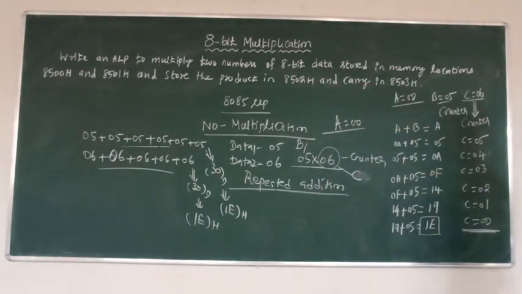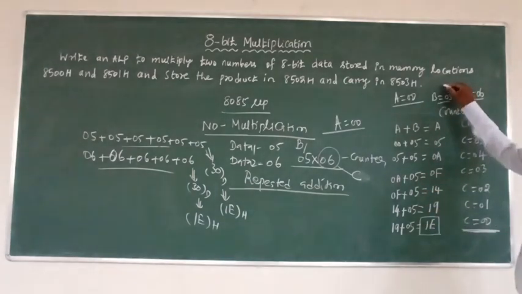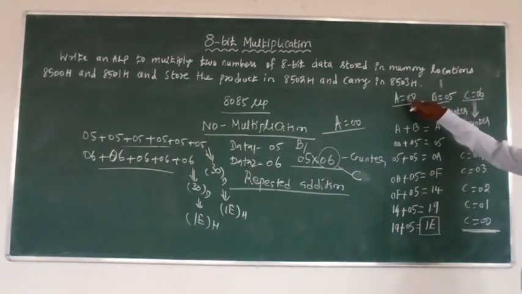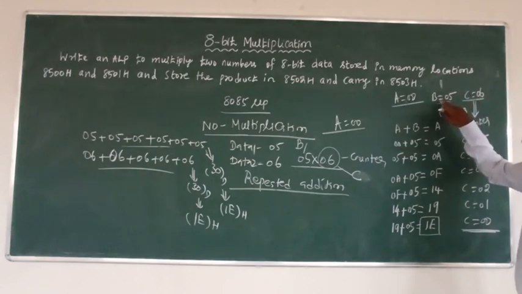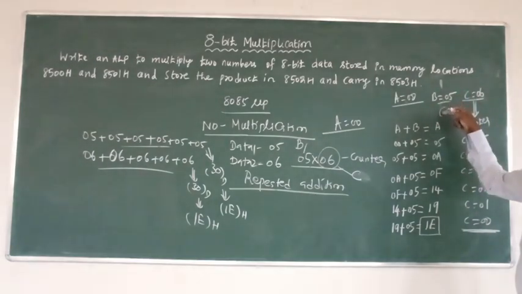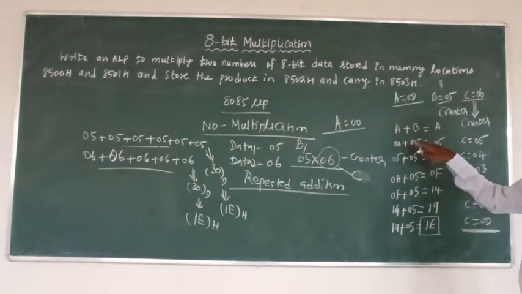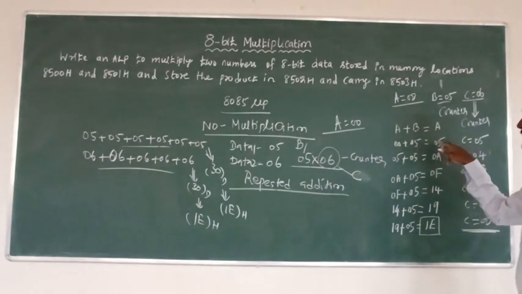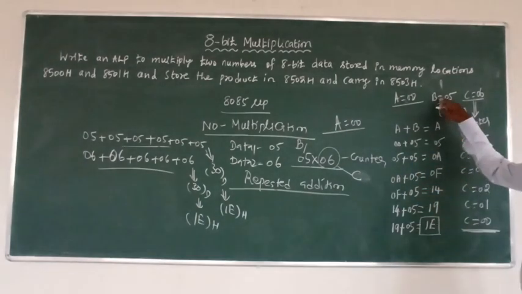Okay. We can add like this, or we can fix the B register as the counter and add the A register with 06. How many times? 05 times. Now decrement the B register till 0. We can add 00 and 06, and then 06 with 06, till the B register is 0.